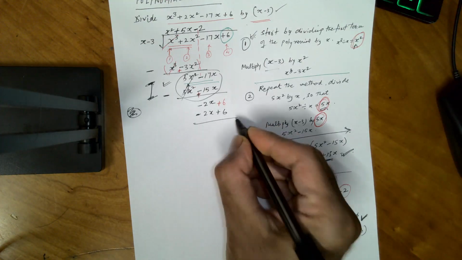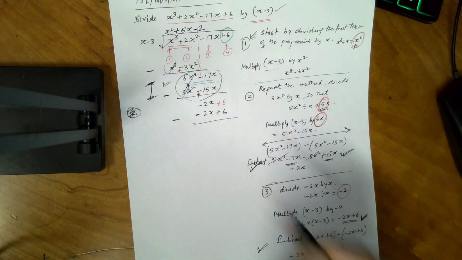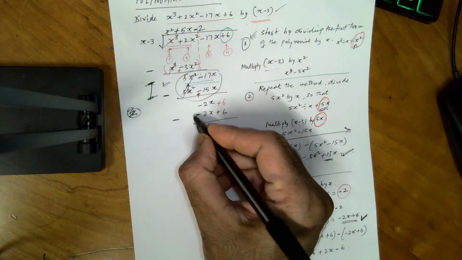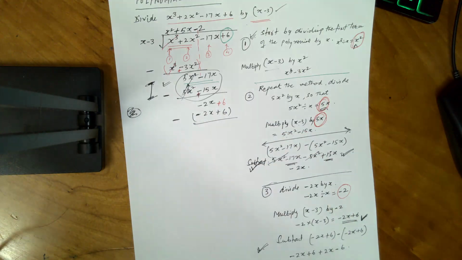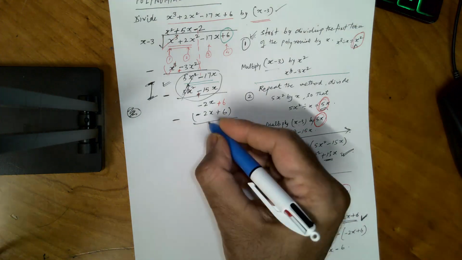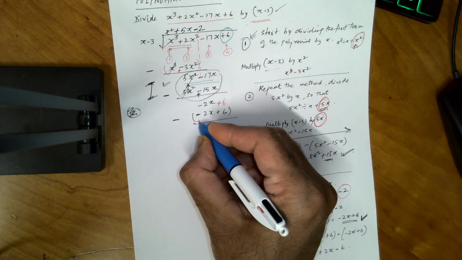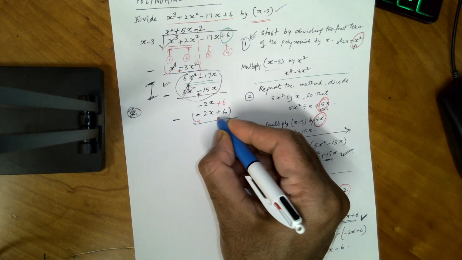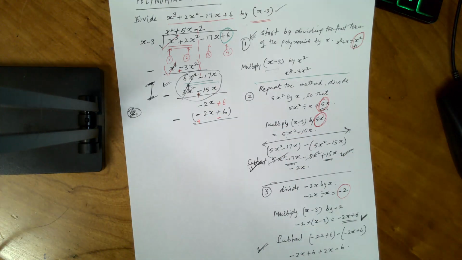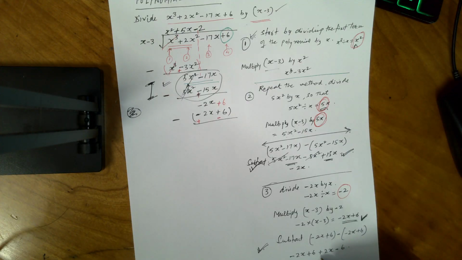Now if you minus this like you had done here, the whole sign will change. So this will be your plus 2x, this will be your minus 6. Like here, so I highlight for you, this is what changed.